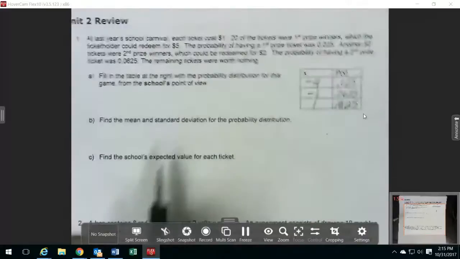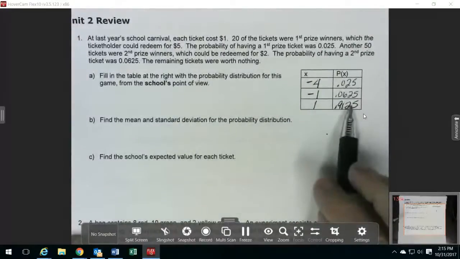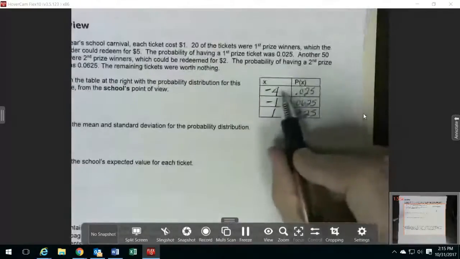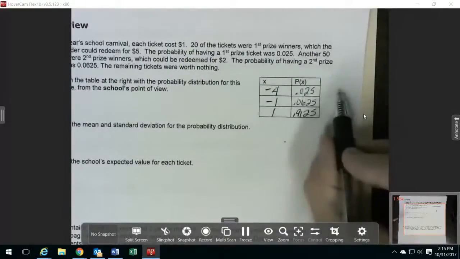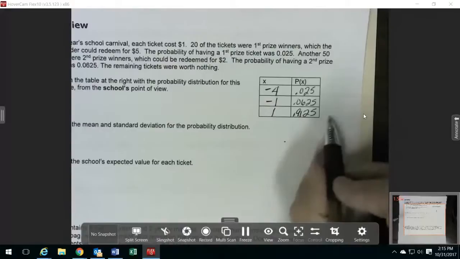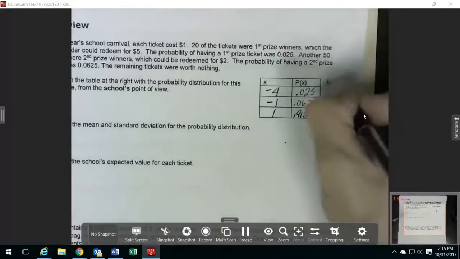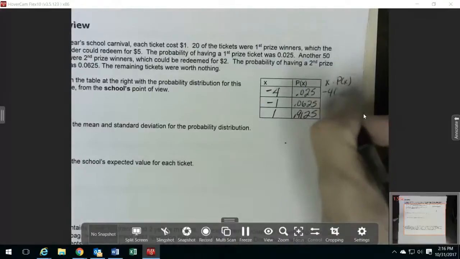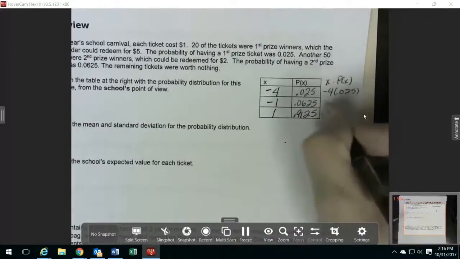Then we want to find the mean and standard deviation for this distribution. If you want to do it by hand, then you would multiply each value times its probability, and then you would add up those results. So to do it that way, you'd add another column over here, and you'd have -4 times 0.025, and so on.